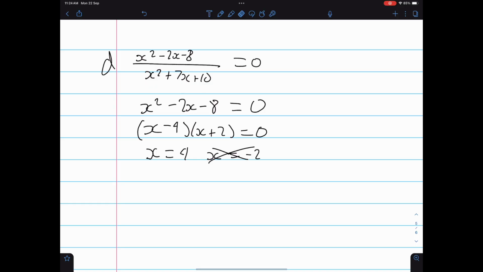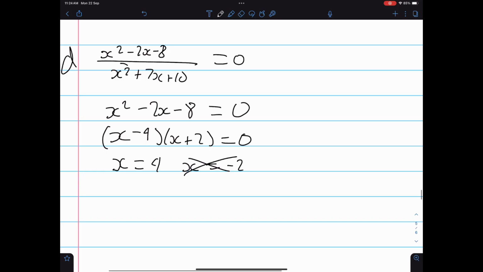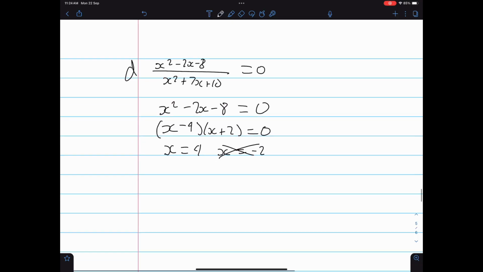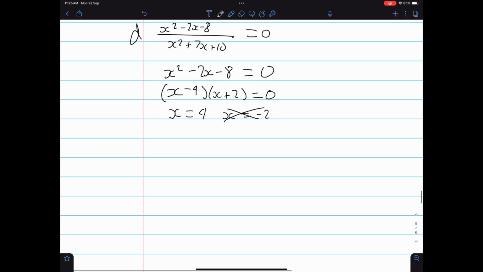But you should fully write out working for that. And you just need to evaluate this, say 4x squared plus 7 times 4 plus 10 does not equal 0 or whatever, just to show some working there, but you really should. I probably should have said that earlier, but we'll keep on going.